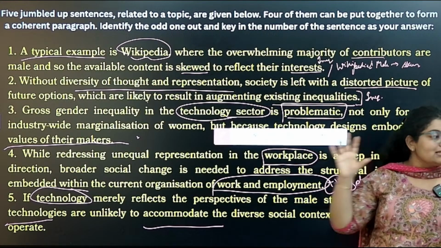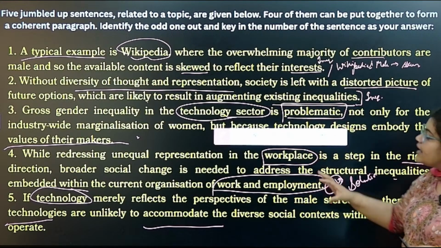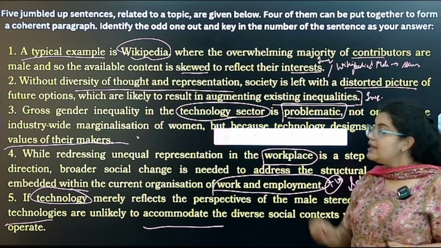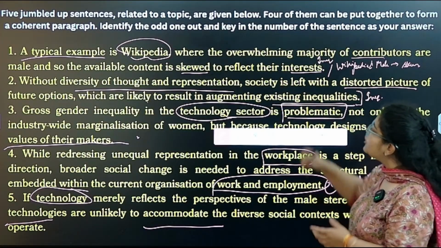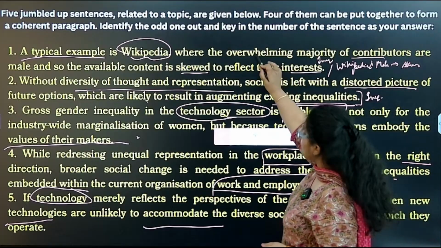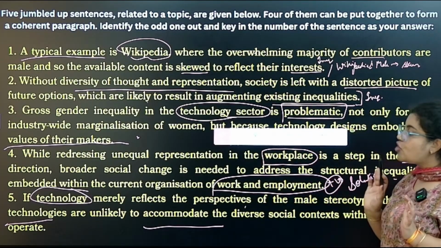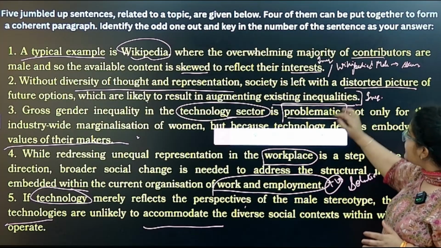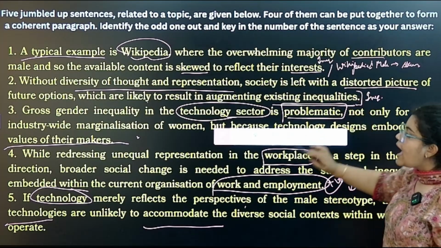So one thing is clear from this: the majority of the sentences are talking about technology. Here also technology, here also technology. The fifth is also talking about technology, whereas we are left with two, the second and the fourth.